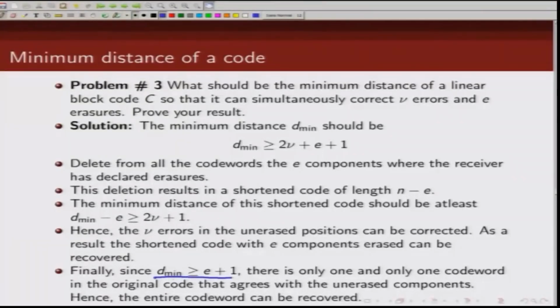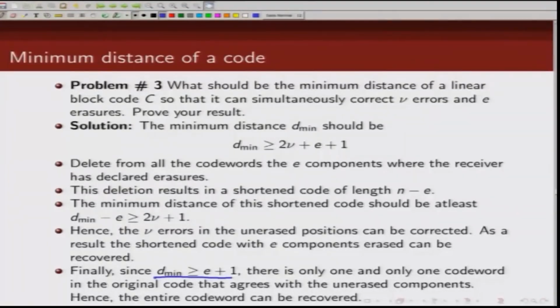As long as the minimum distance of the code is greater than E plus 1, there is only one code word in the original code that agrees with the unerased components. There is only one code word that maps from the shortened code to the original code.